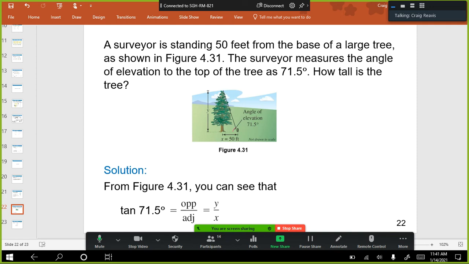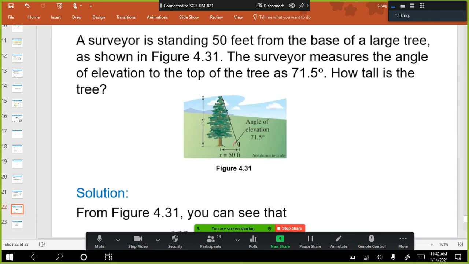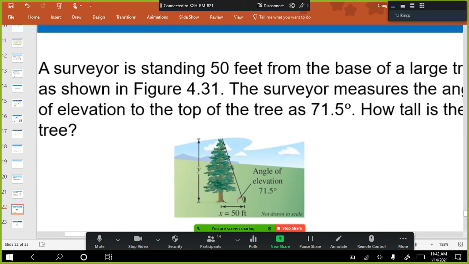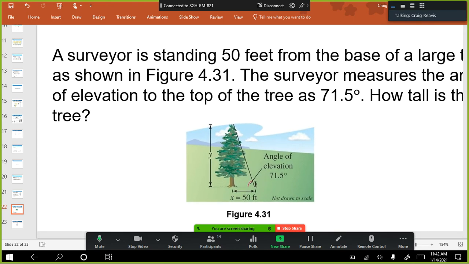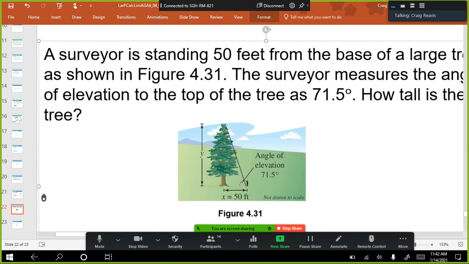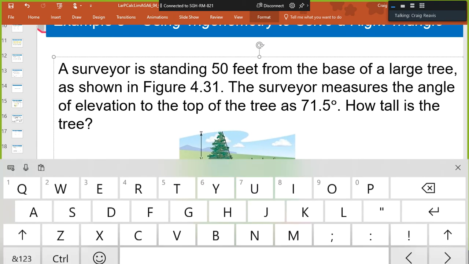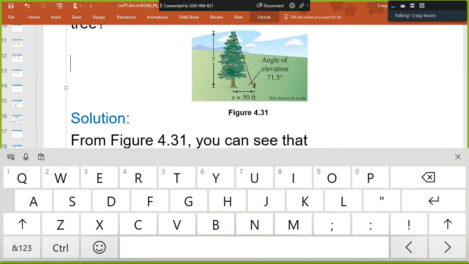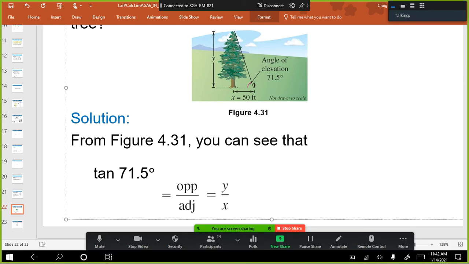All right, it says a surveyor is standing 50 feet from the base of a large tree. Let me widen this out. As shown in this figure, the surveyor measures the angle of elevation to the top of the tree.